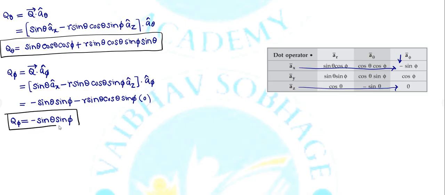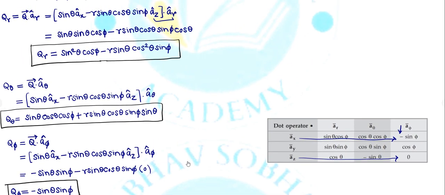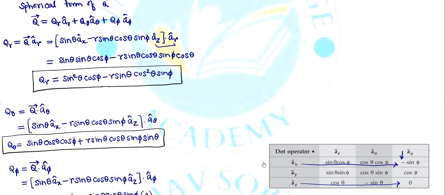Now we have the values for Qr, Q theta and Q phi. You can refer to that. Let's give an equation number to this one; I guess this is equation 3.